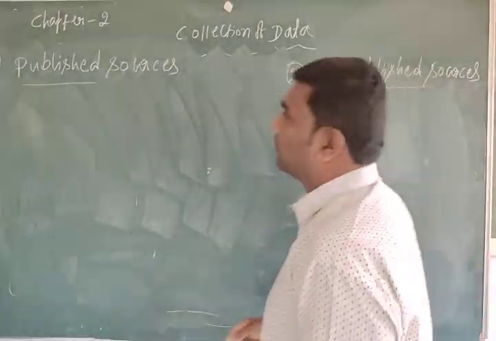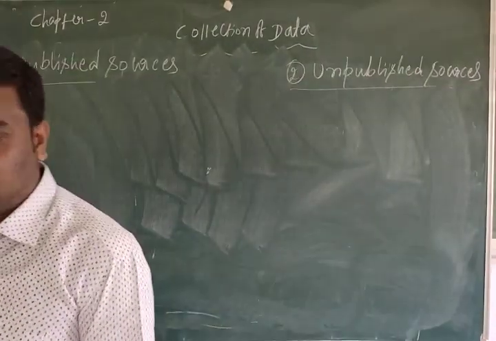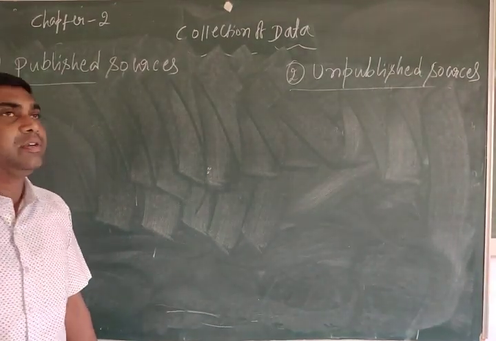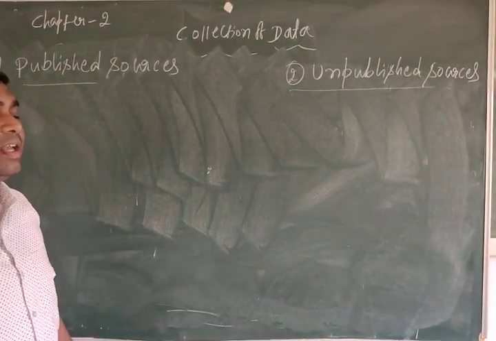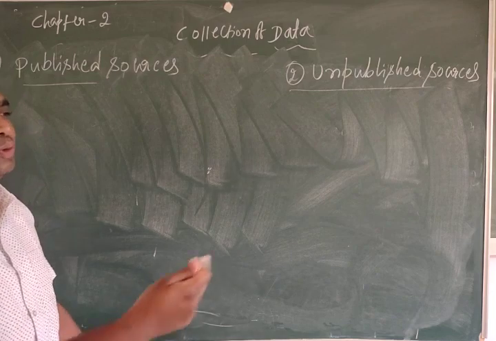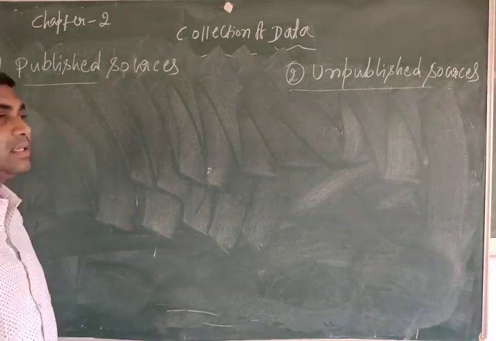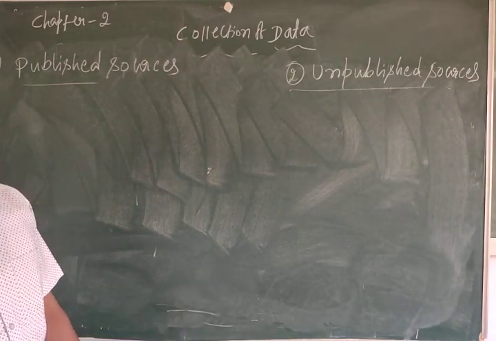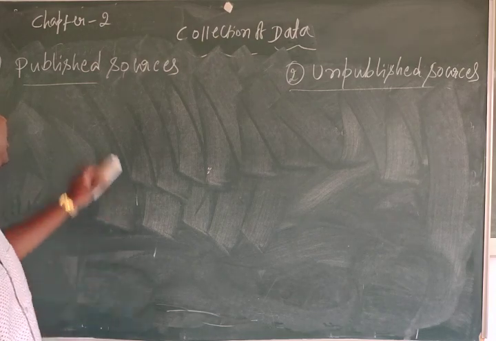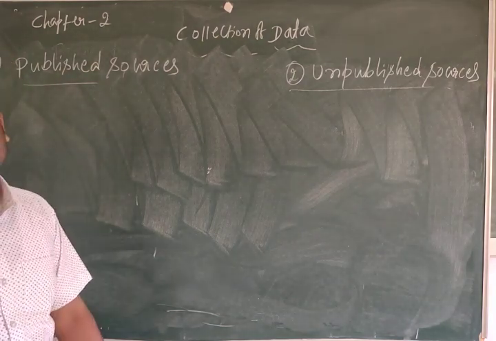First we have to discuss the published sources. Under the published sources, which are already published, we are collecting from newspapers, news channels, from others. That is called secondary information.